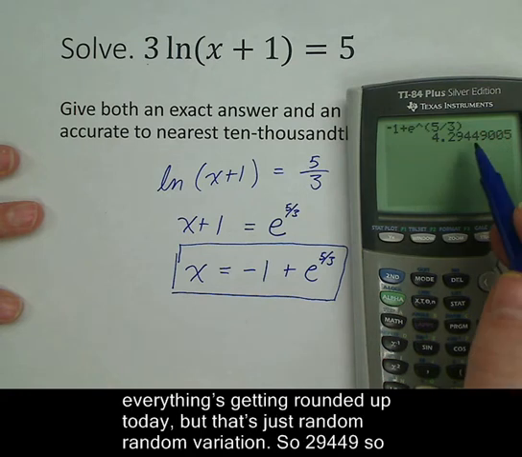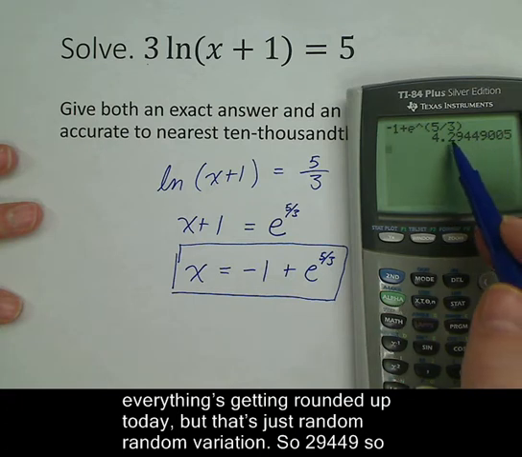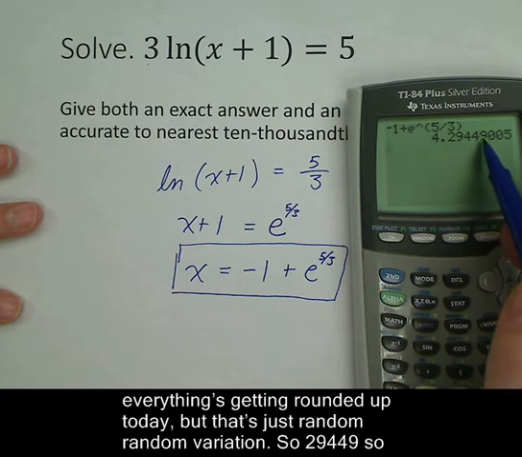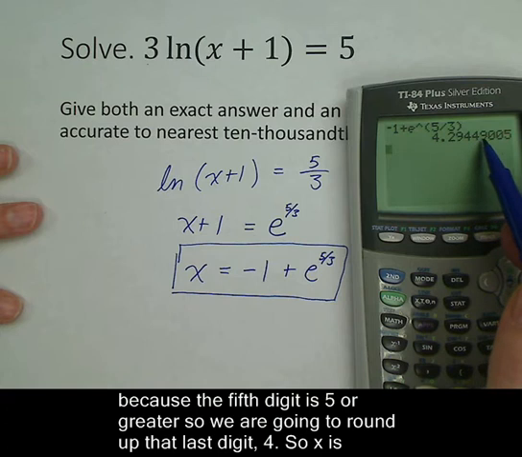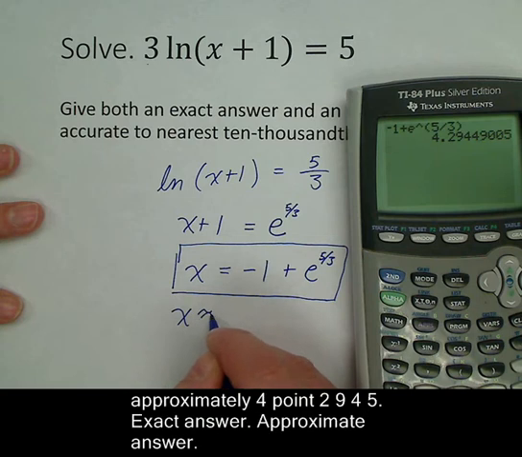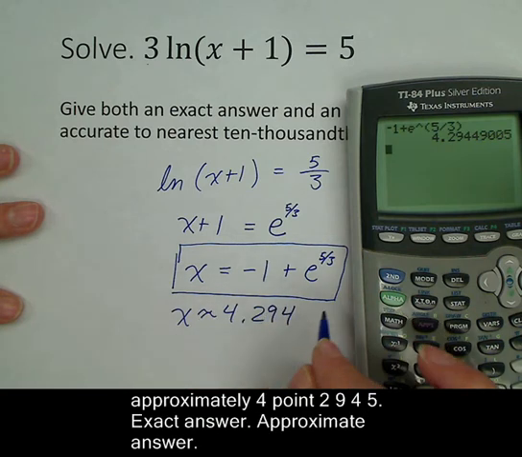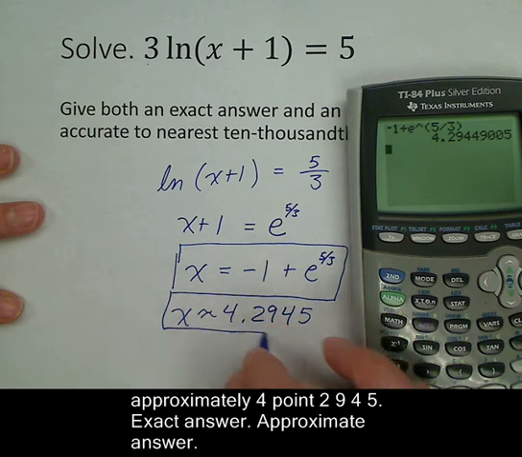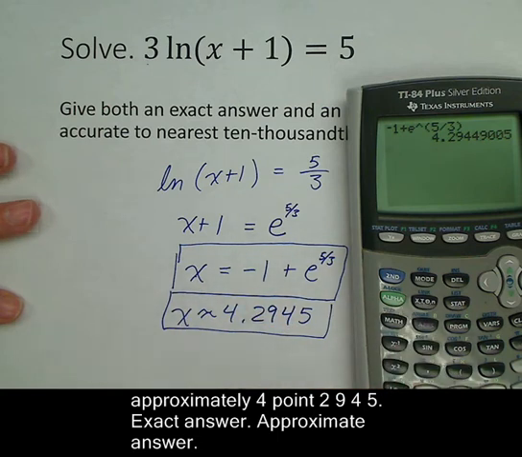And everything's getting rounded up today, but that's just random variation. So 29449, because the 5th digit is 5 or greater, we're going to round up that last digit 4. So x is approximately 4.2945. Exact answer, approximate answer.